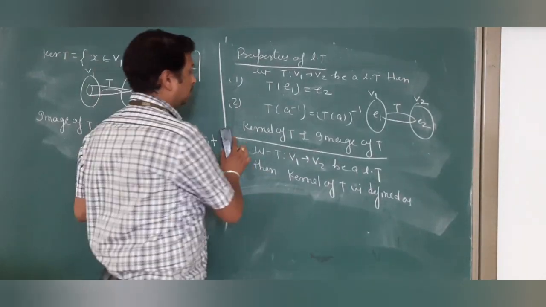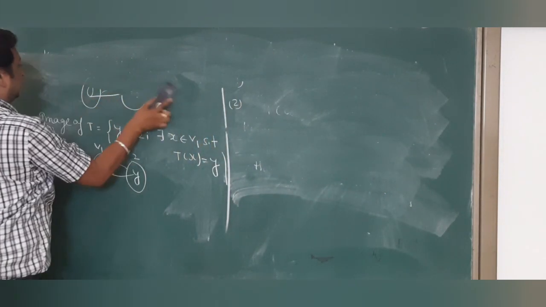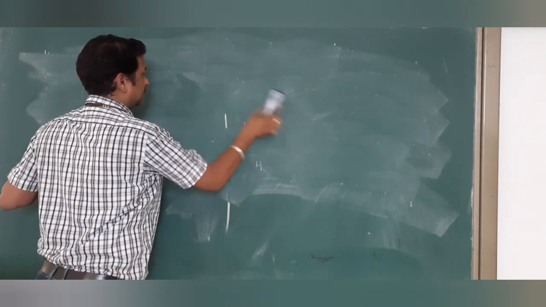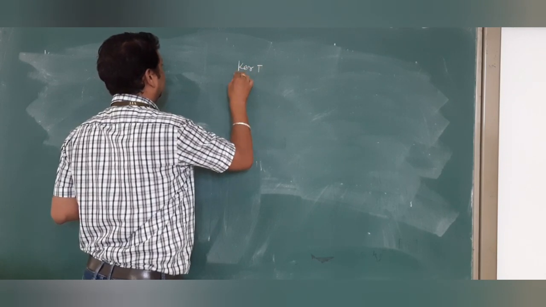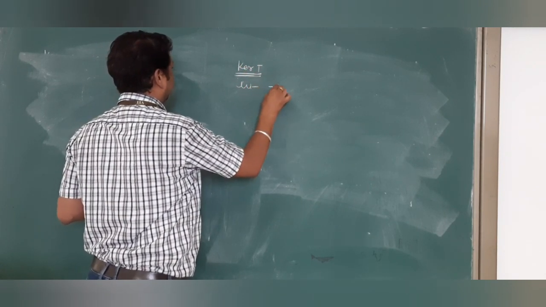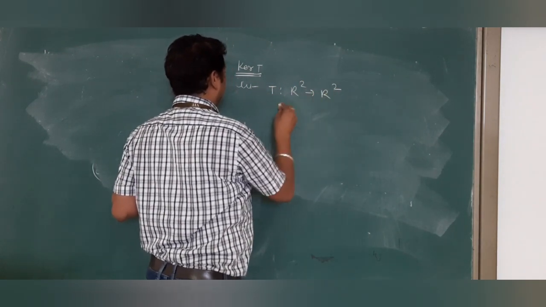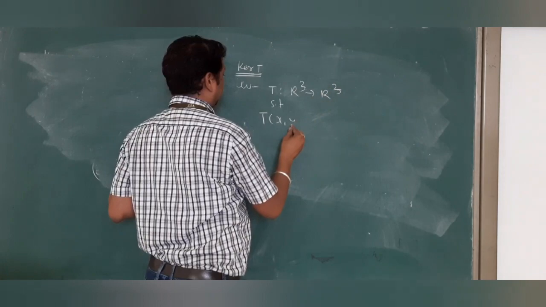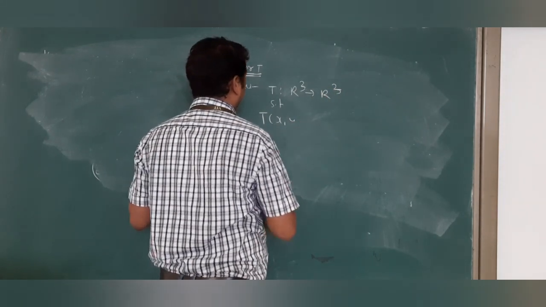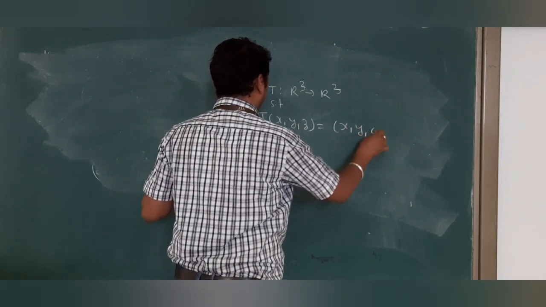So, how do we calculate kernel? There are so many ways, but how we calculate kernel T, I will tell. Let's take one example. T from R cube to R cube such that T of xyz is equal to xy0.